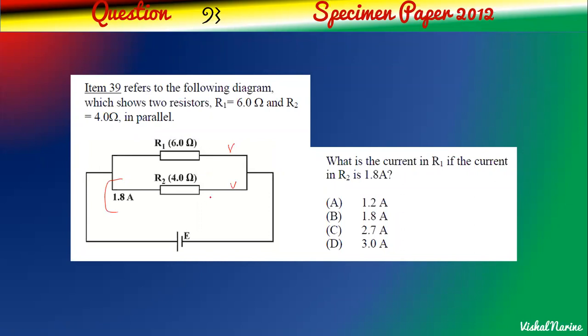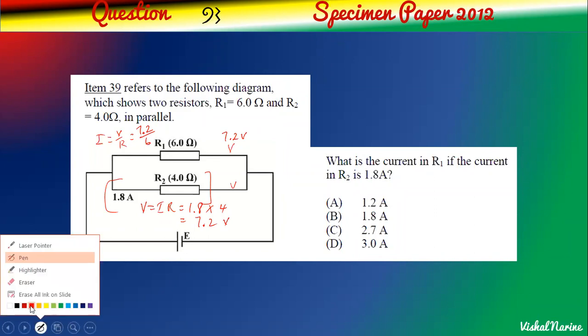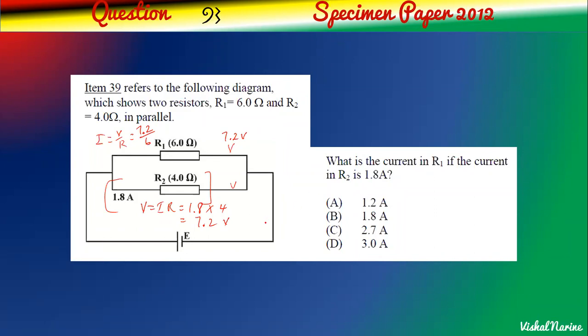V is equal to IR, which is 1.8 times 4, dropping the units, which is equal to 7.2 volts. Now we can work for I. I is equal to V over R, which is 7.2 divided by 6. Taking your calculator, you will see that that is 1.2.